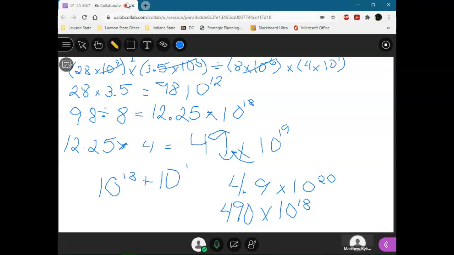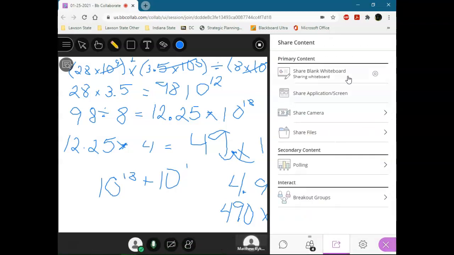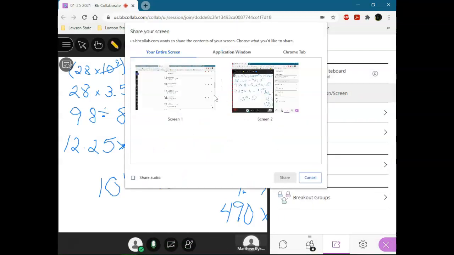Okay. So that's all we're going to do with this particular worksheet for right now.